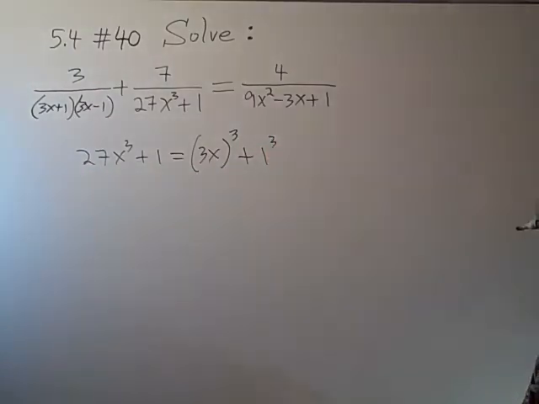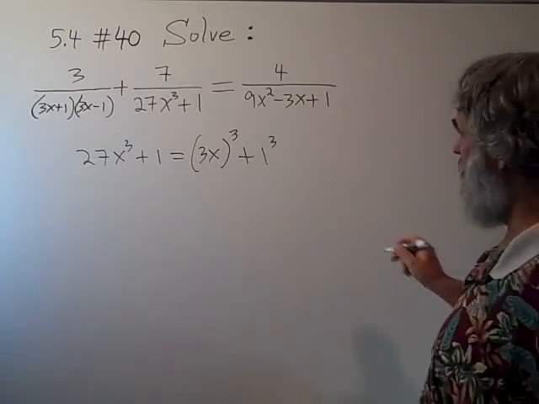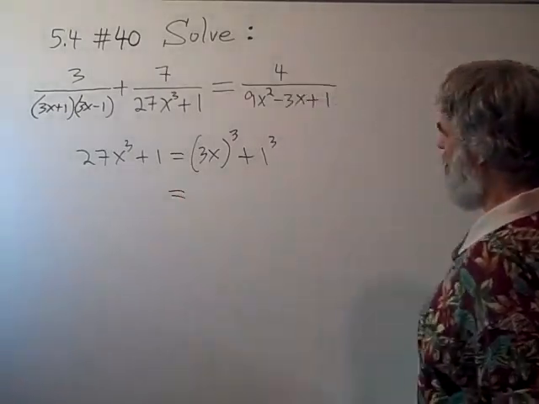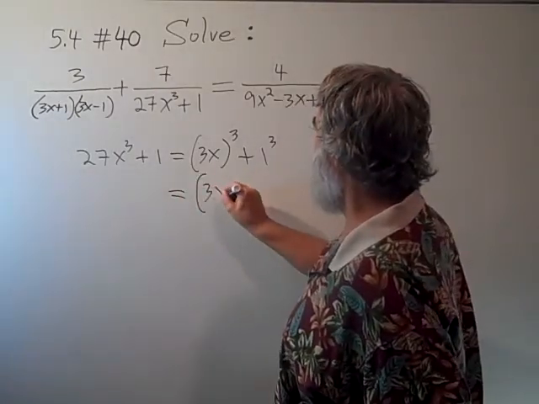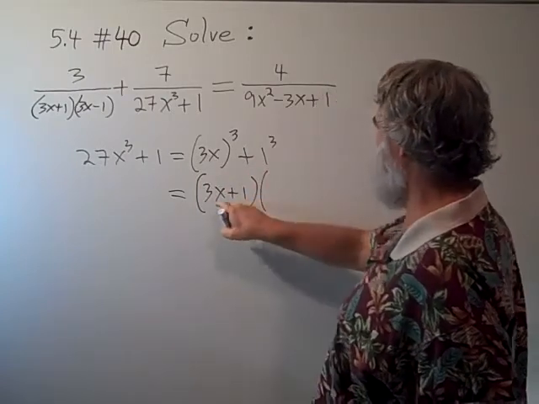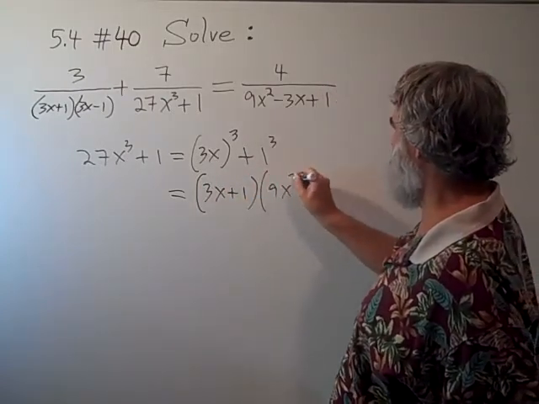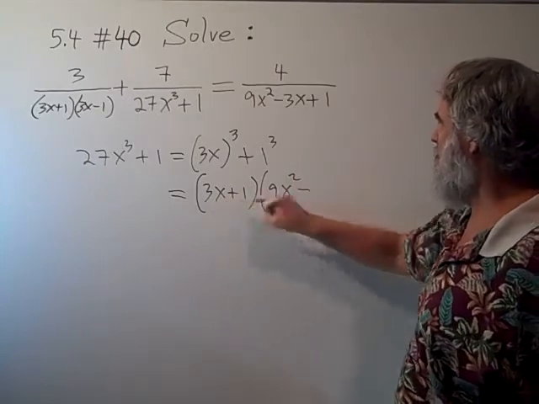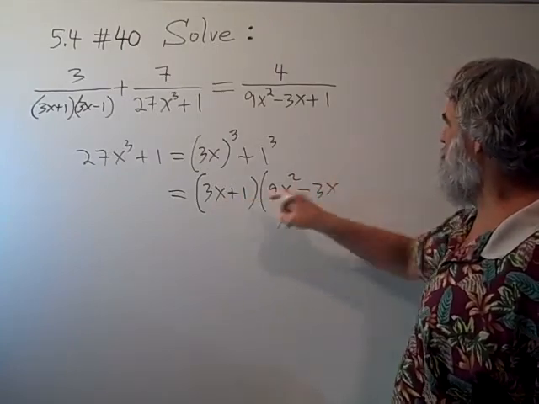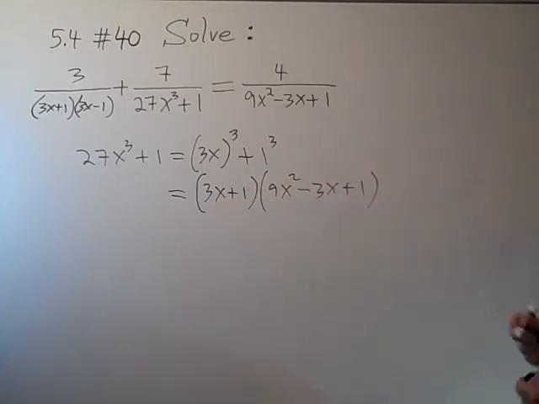So you can think of this as the sum of cubes, and we can use the sum of cubes factorization formula. So 3x plus 1 times 3x times 3x is 9x squared, minus 3x times 1, which is 3x, plus 1 times 1, plus 1.